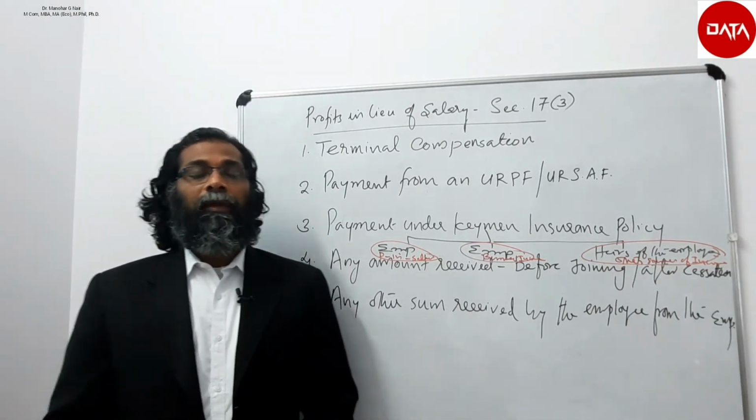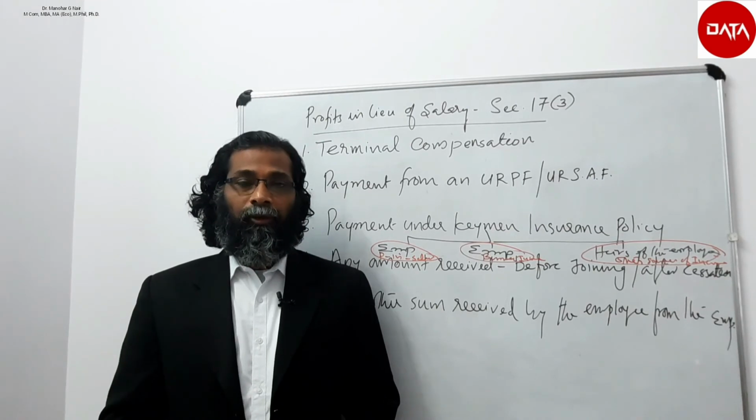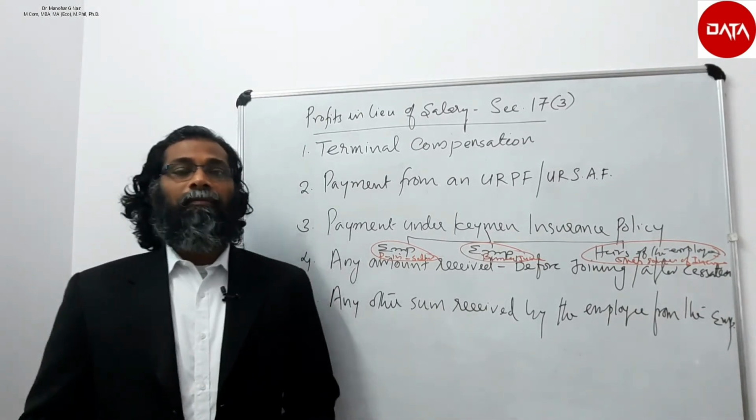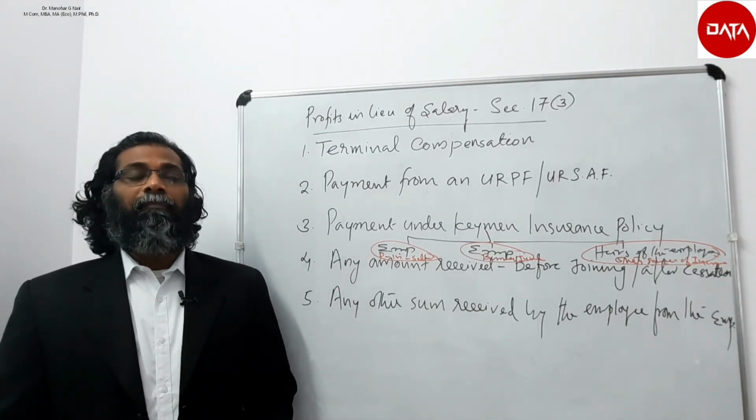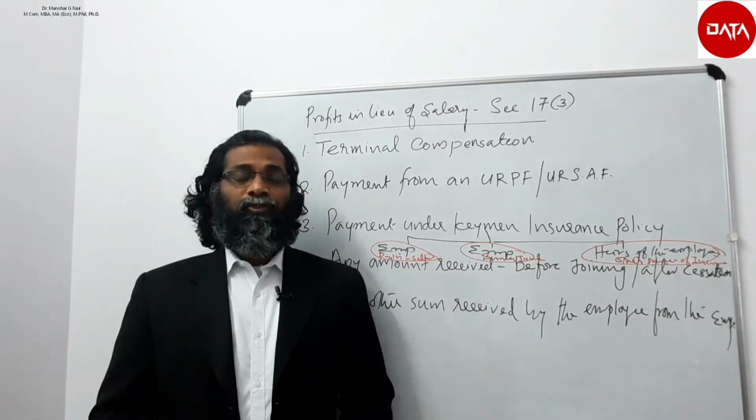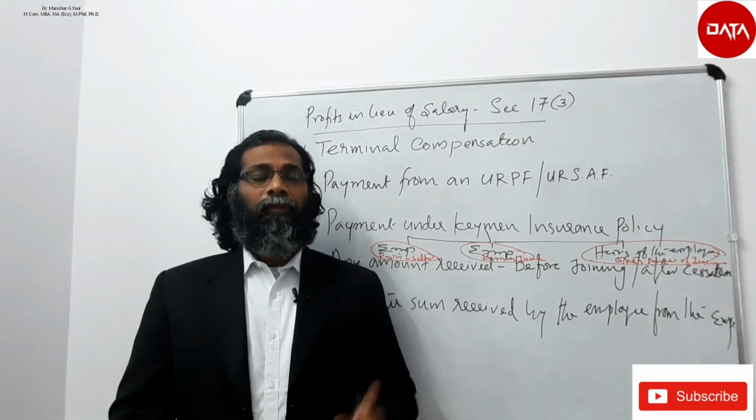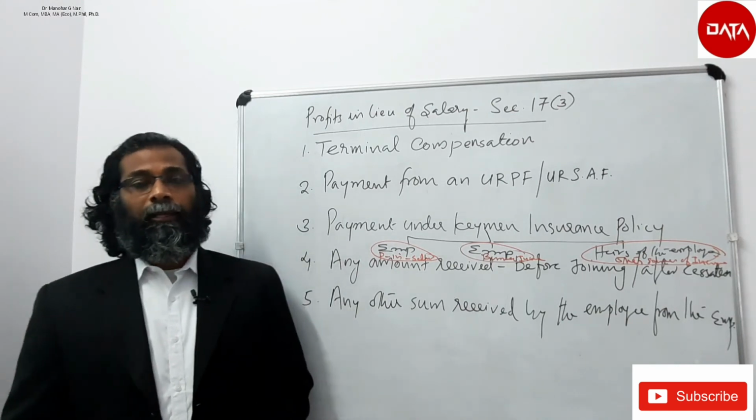All of this would be said to be profit in lieu of salary. This item also is to be considered for the computation of salary income. So while computing the salary income, we have to consider profit in lieu of salary also.